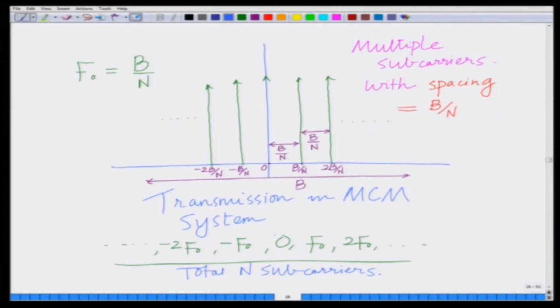So, we have subcarriers at 0, B by N, 2B by N. On the negative side, we have subcarriers at minus B by N, minus 2B by N. If we denote this B by N by F naught, the fundamental frequency of this system, then I have subcarriers at 0, F naught, 2 F naught, 3 F naught, and on the negative side at minus F naught, minus 2 F naught, minus 3 F naught, and so on. So, I have a total of N such subcarriers.